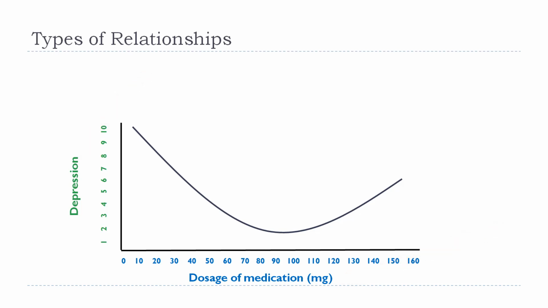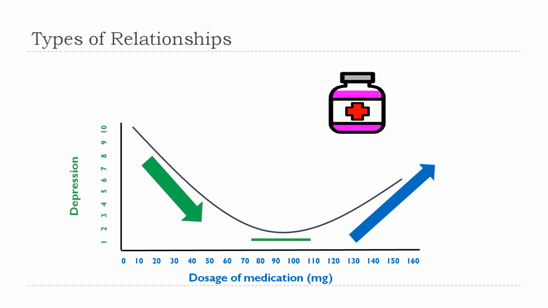What does this say about the effect of medication on depression? As dosage of medication is increasing, depression is decreasing, but only up to a certain point, and then it starts to go up again.